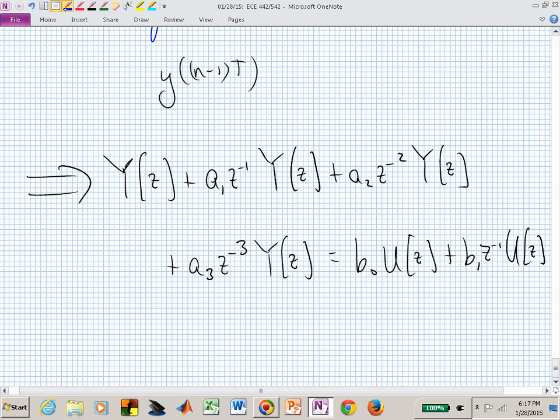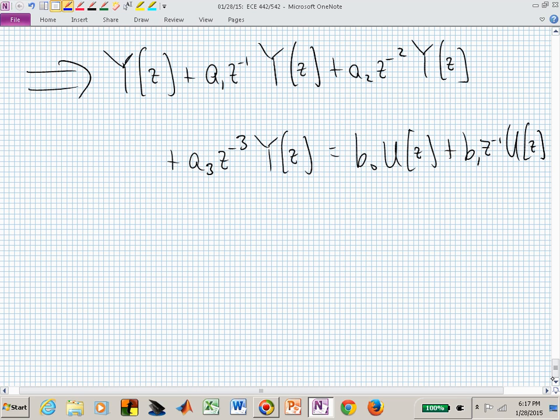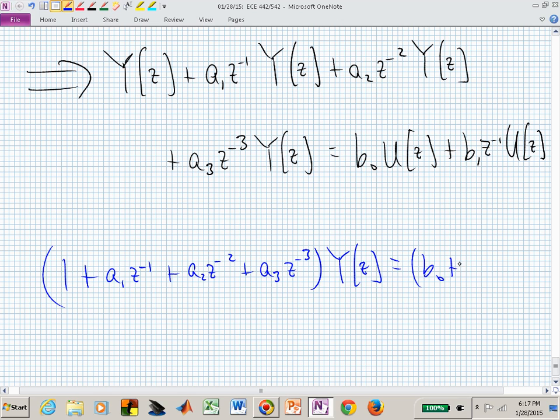If we factor out Y's and U's from both expressions, we now have 1 plus a1 z to the minus 1 plus a sub 2 z to the minus 2 plus a sub 3 z to the minus 3 times capital Y of z is equal to b sub 0 plus b1 z to the minus 1 times U of z.